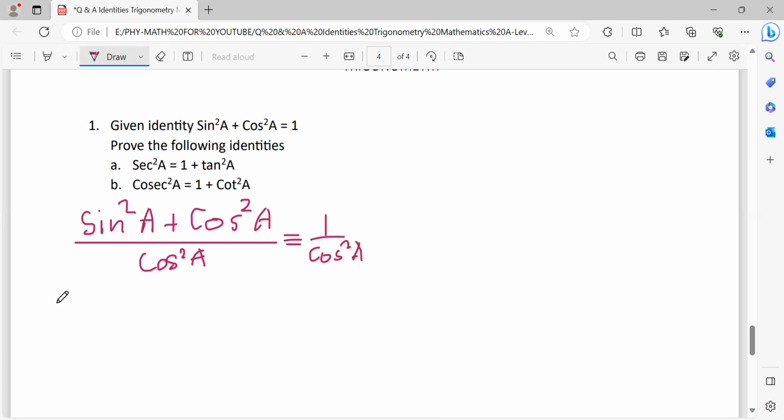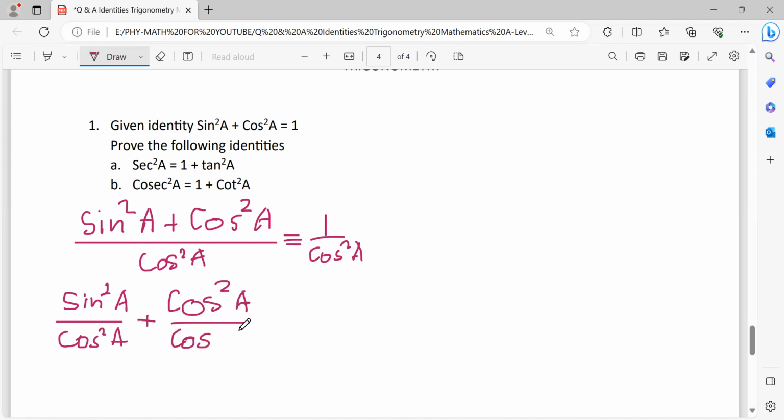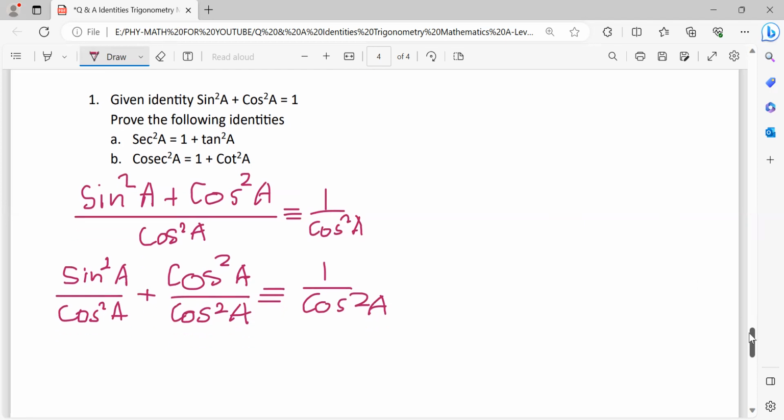And it becomes sine squared A over cos squared A plus cos squared A over cos squared A, equals 1 over cos squared A.